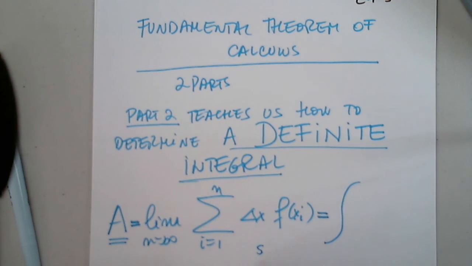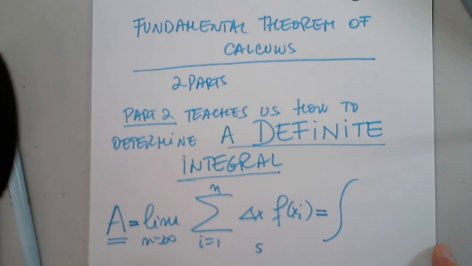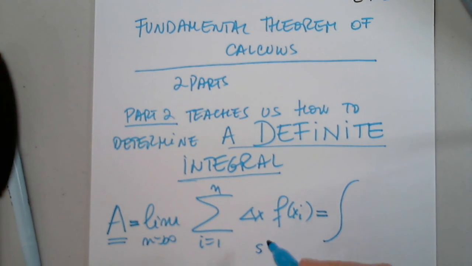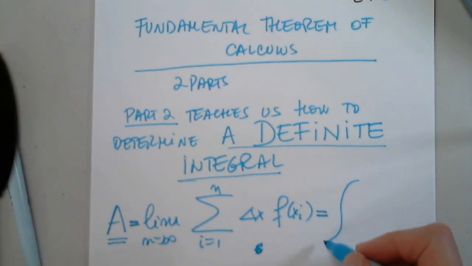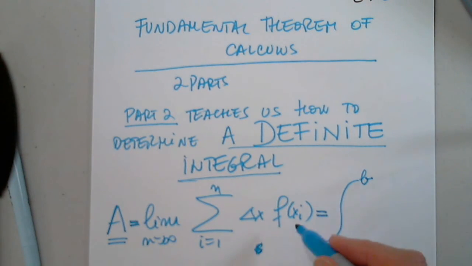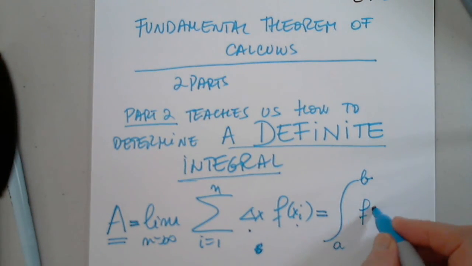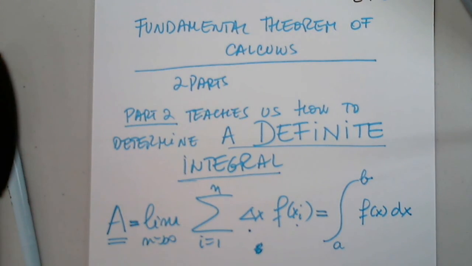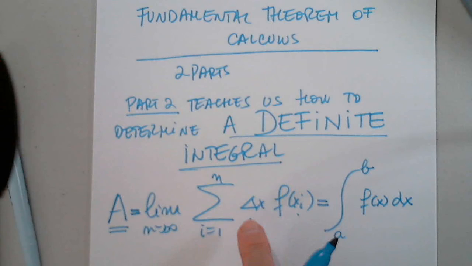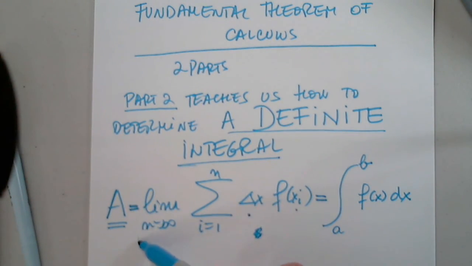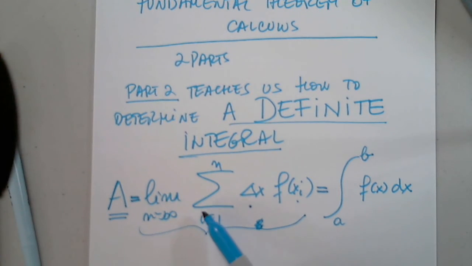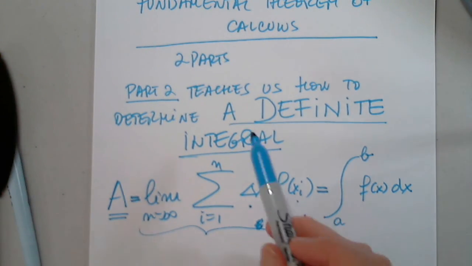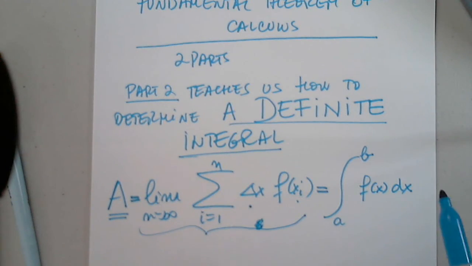We cannot use the normal s because, again, it has a lower limit and an upper limit. So we're going to use an s, it's just an s that is stretched. Of course, from a to b, of f of x dx, exactly the same. It has to be written in this order, not delta x f of x, but f of x dx. And we know that delta x and dx are the same thing. So moving forward, we are not going to determine the limit of the Riemann sum, but we are going to calculate a definite integral, which is this.